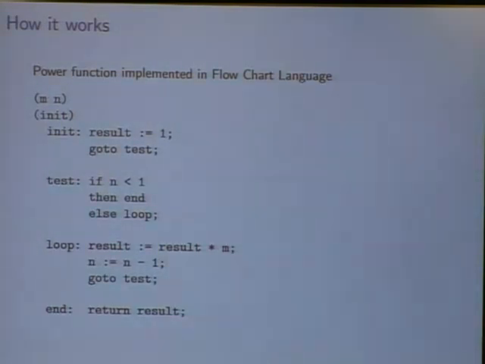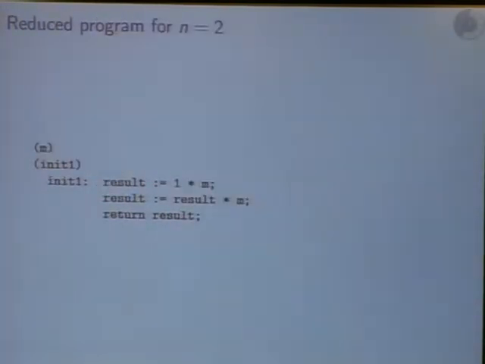If we want to specialize our program for the second argument, for example, to a particular value, we need to do two things. First, substitute the value for variable n, and this is the main thing, remove all unnecessary steps according to our assumption. As a result, we have a reduced program.